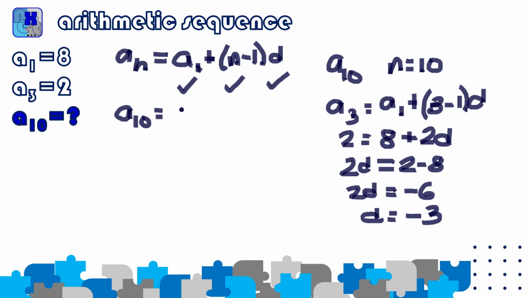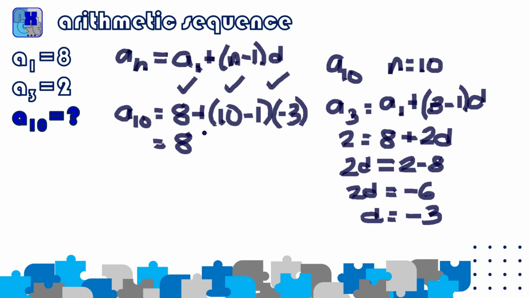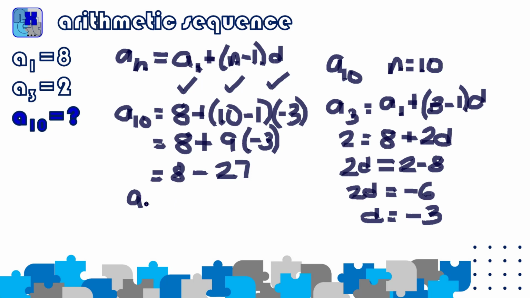A sub 1 is 8 plus 10 minus 1 times d, because we're looking for the 10th element. Don't forget to put parentheses if you're dealing with negative integers. So you'll have 8 plus 9 times negative 3, which is 8 minus 27, or plus negative 27.